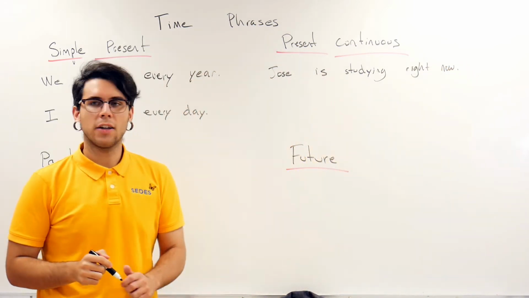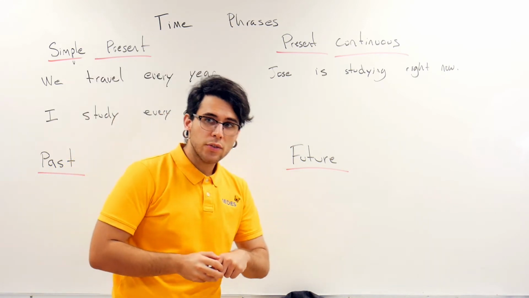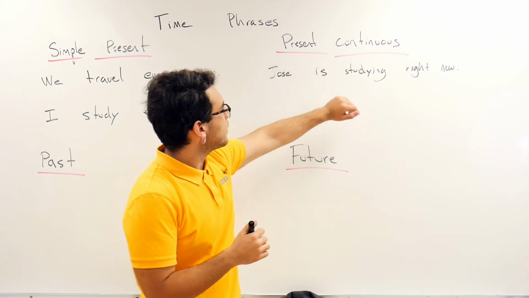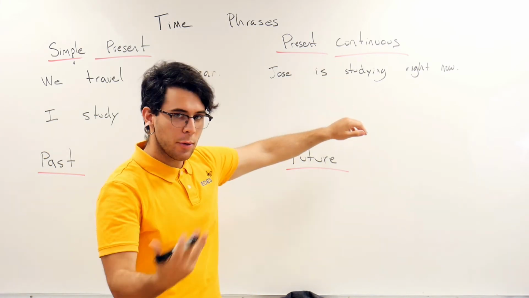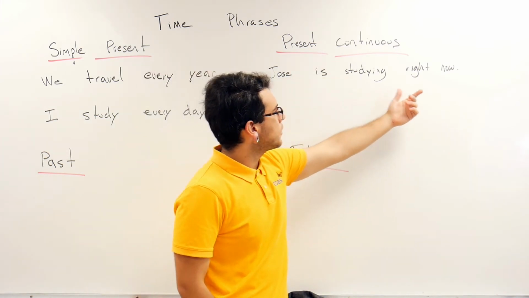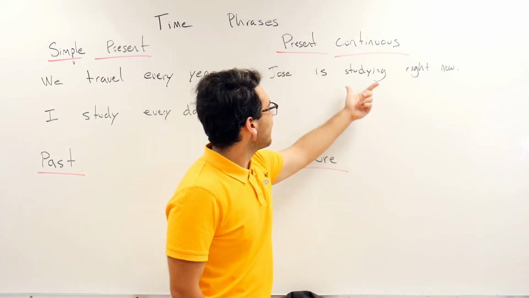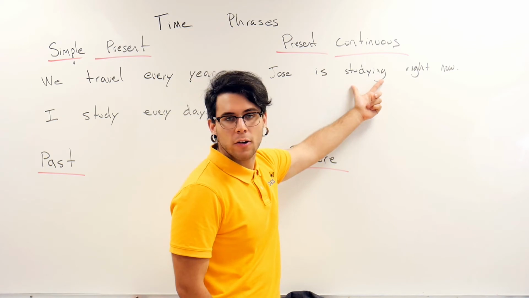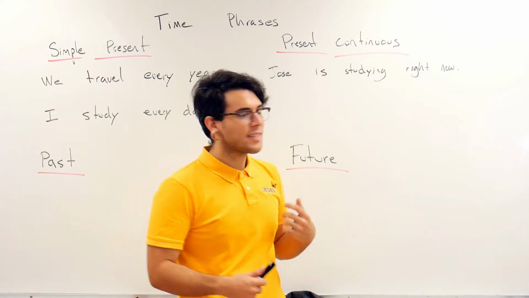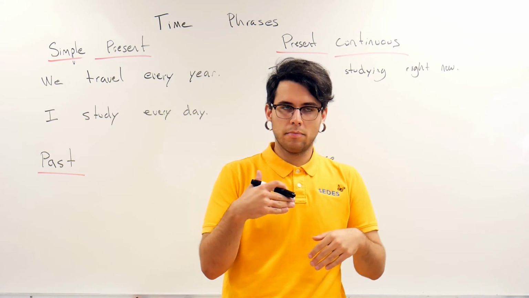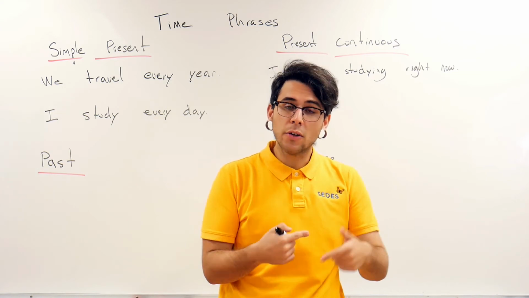The part that's talking about the present is the now part, and then the continuous is the studying, the verb plus ing. So Jose is studying right now. That means he's doing it now, at the moment, and is still doing it.